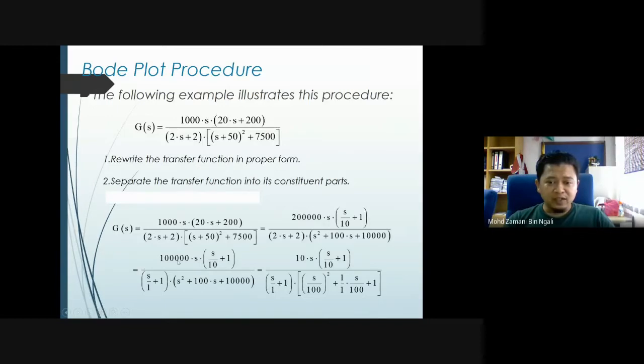After we divide the top part by the bottom part, we will have this equation: 100,000 s times s over 10 plus 1 over these values. Then we divide by 10,000, so we get this value. So this is the final equation in proper form.